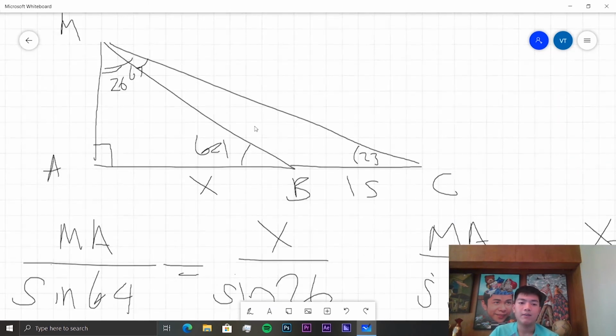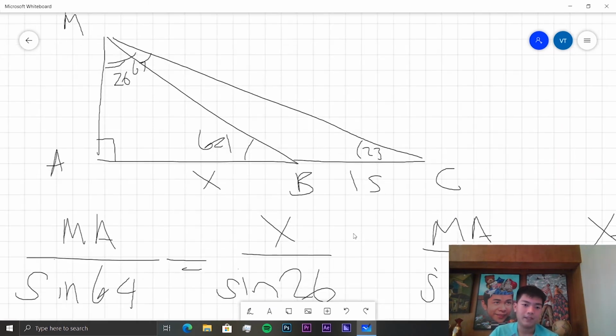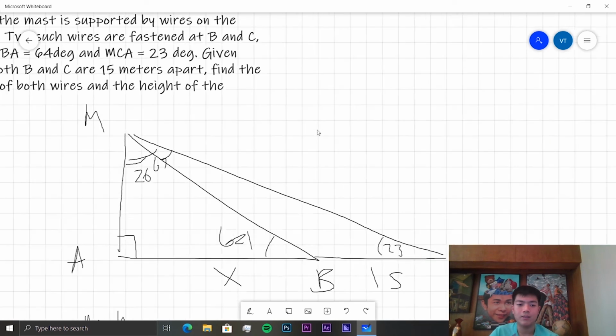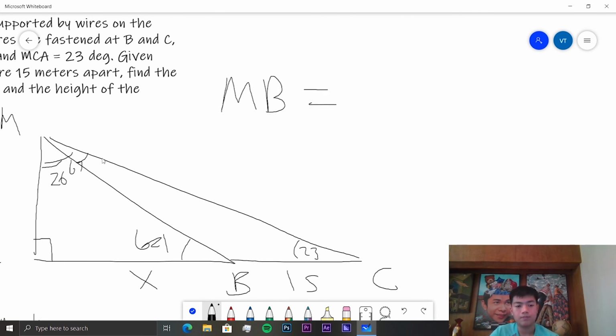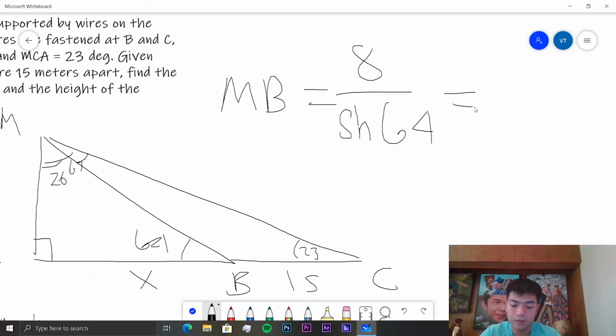So now we need to calculate MB and MC, effectively both the sides, and we can do that because we know this is sine 90. So we have MB over sine 90, which is 1. So MB is equal to 8.03 over sine 64.